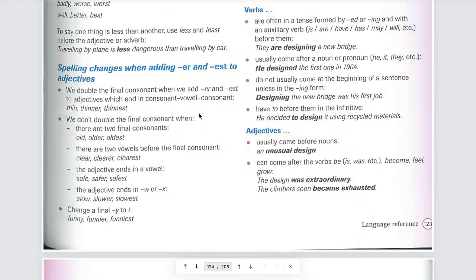We double the final consonant when we add ER and EST to adjectives which end in consonant, vowel, consonant, like thin, thinner, thinnest. Okay? You understand that? Do I need to explain that again? Yes or no? So that means I need to explain that again.